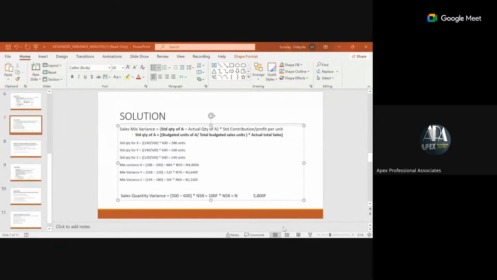But if you are dealing with absorption costing model, you are dealing with standard profit. And in a case where the question is silent, they do not tell you to use marginal, they do not tell you to use absorption, you can choose whatsoever you like. And I will always advise you go with the standard contribution per unit. It's always the easiest part. So that's the difference between when to use standard contribution and when to use profits.